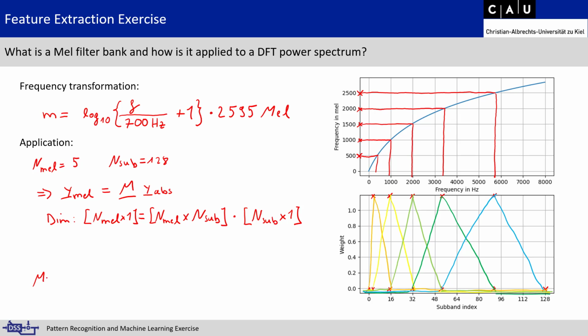Now let's look at our matrix M. As we saw when we looked at the dimensions, it has, in our case, 5 rows. And in each row, we have the coefficients of our individual subband filters, our differently colored triangles here on the right. So we basically have to put those coefficients in here.